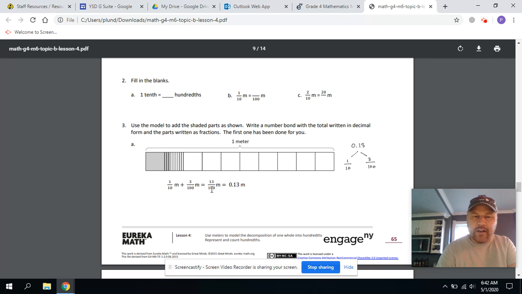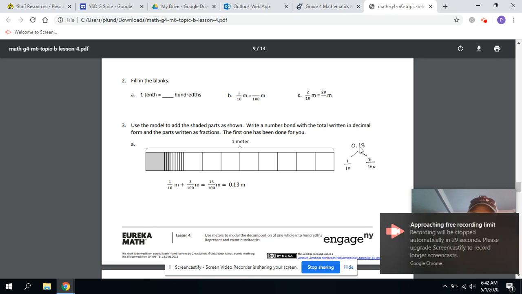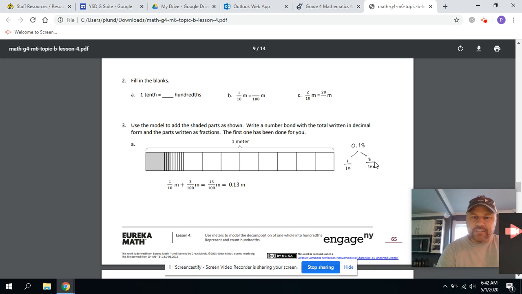So together that would be 13 hundredths. 10 plus 3 is 13 hundredths of a meter, which is equivalent to this decimal. This is actually 1/10, like it shows over here. This 3 is 3 hundredths, like it shows here, and together is 13 hundredths, or 0.13.